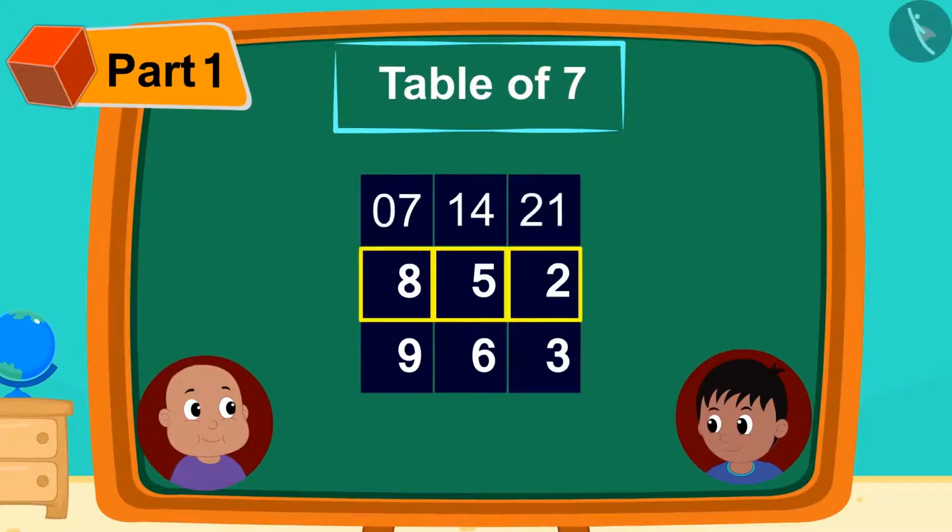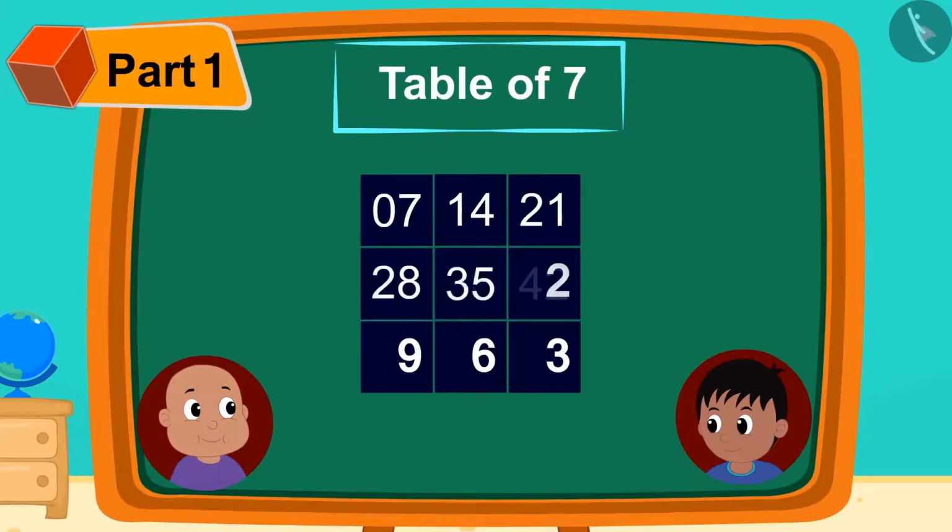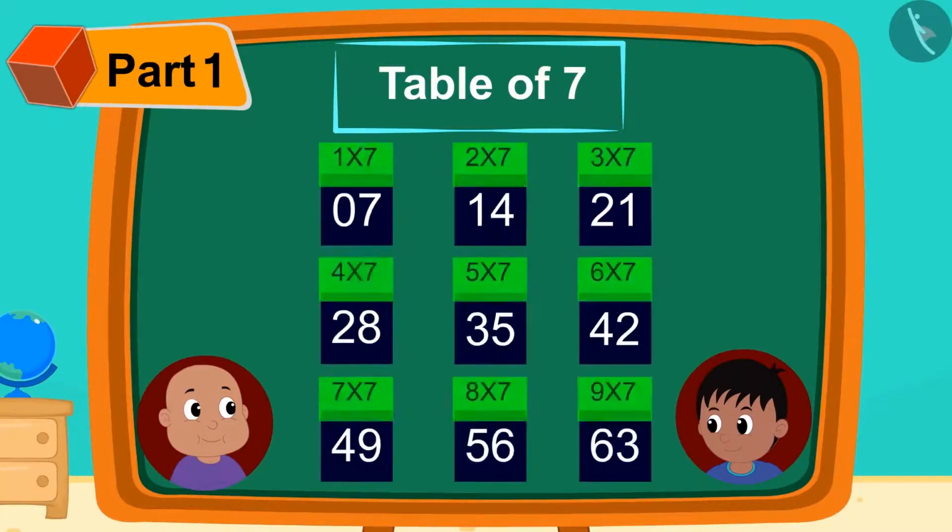Then next to the digits in the second line, he wrote 2, 3, 4. And in front of the digits of the third line, he wrote 4, 5, 6. Here we have our table of 7 ready.